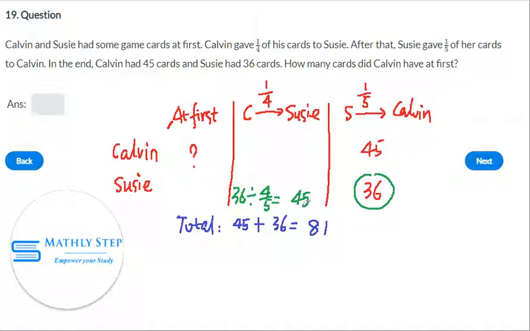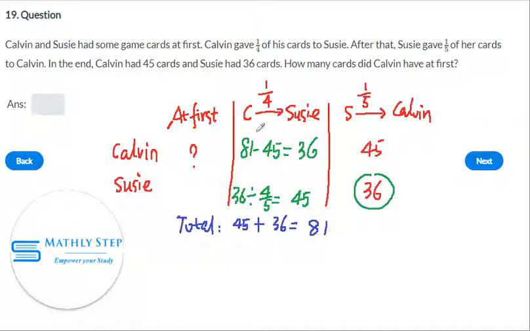Because when we have 45, we give out 1/5 and the remaining is 36. Okay, so we know the total number of cards, which is 81, and now we can know how many Kevin has, as in this scenario it is 81 minus 45 equal to 36.